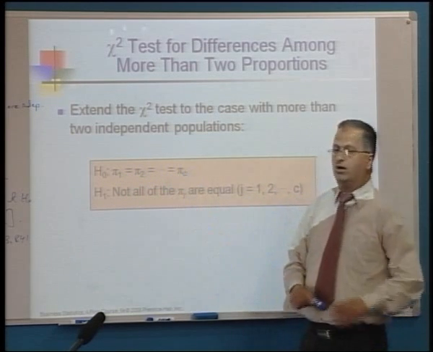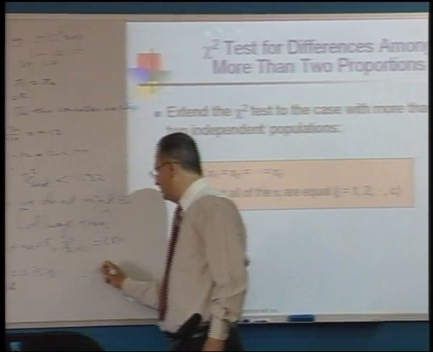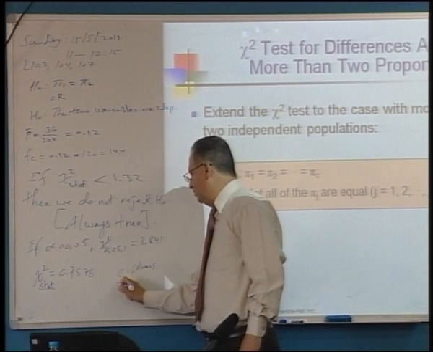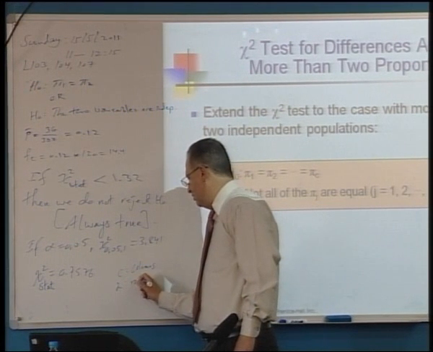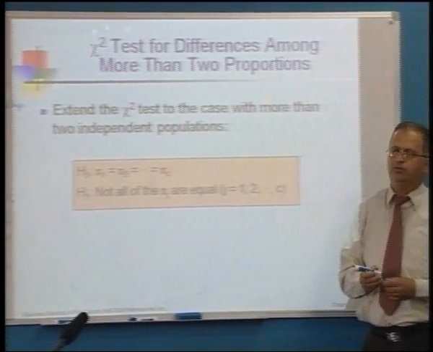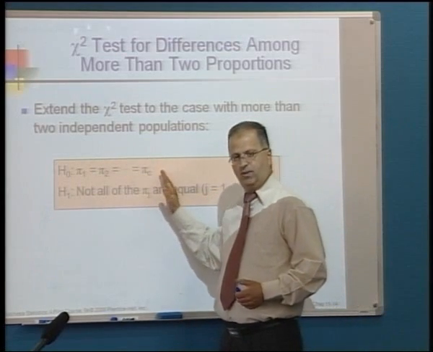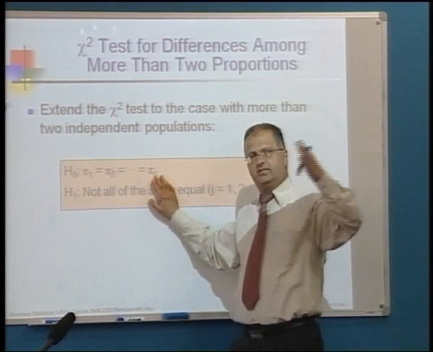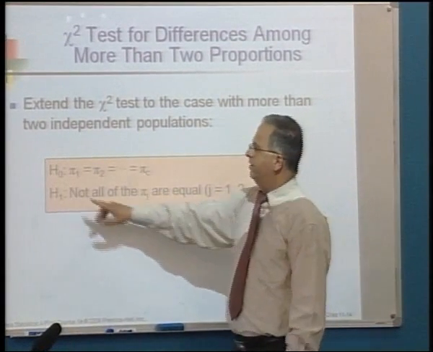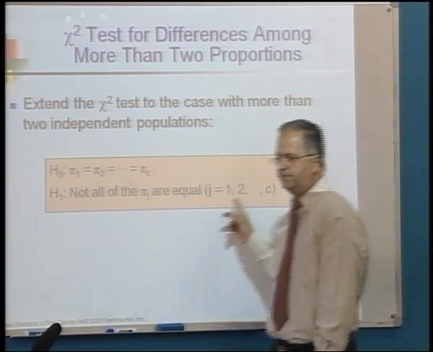So in this case, there are c columns and only 2 rows. So the null hypothesis is pi 1 equals pi 2, all the way up to pi c. Again, the alternative is that not all of the pi j are equal, with j equal to 1 up to c.